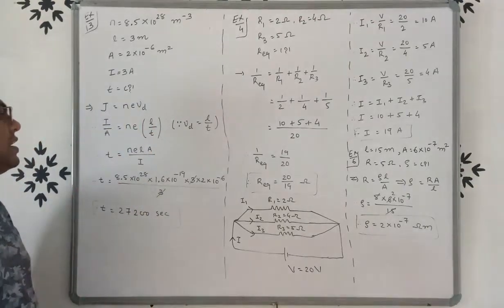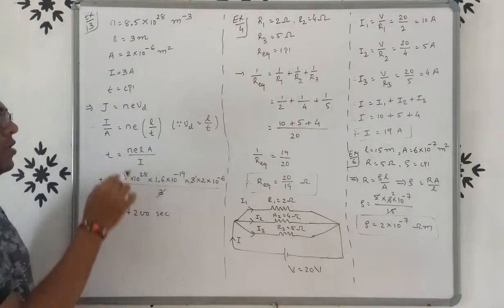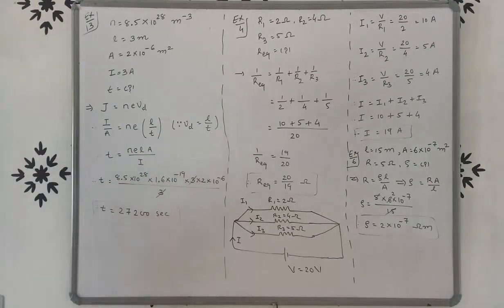So we formulate time t is equal to nelA by I. We know the values of n, e, l, A and I. If we put the values, we get the answer, time t is equal to 27200 seconds. Okay. Thank you.